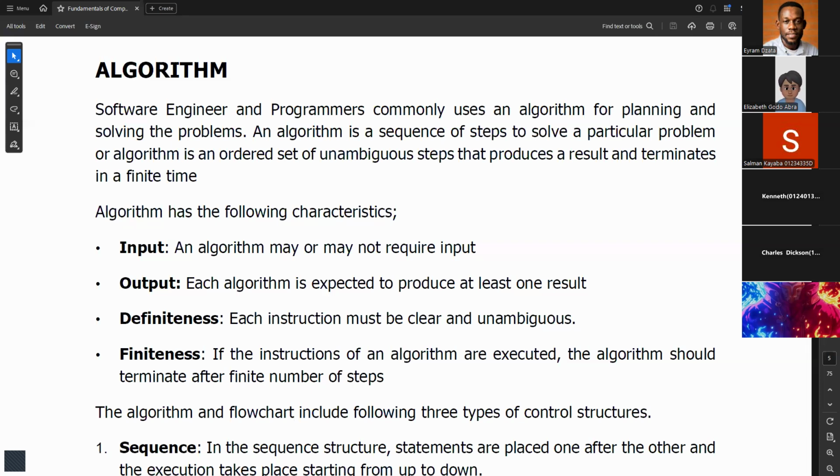These are all ways of brainstorming and coming up with steps to accomplish that particular task of calculating the area of a circle. So briefly, that is what algorithms are about.